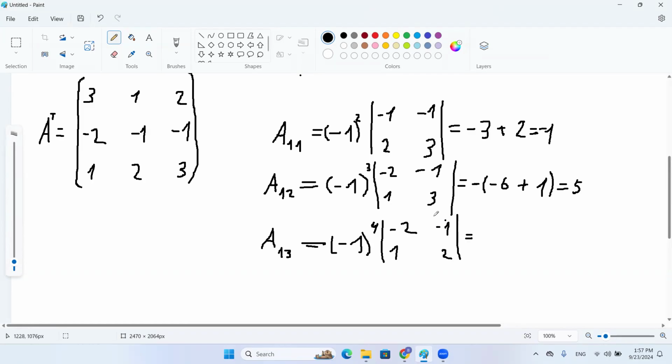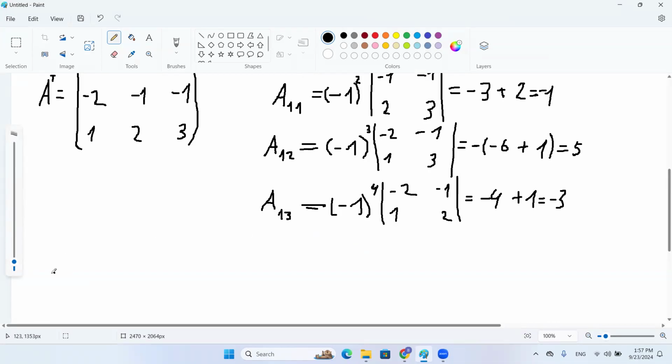It seemed that you confused rows with columns a little bit, but okay, never mind. So -4 plus 1, and it's -3. Okay, let's calculate other cofactors. 2, 1. Masha?